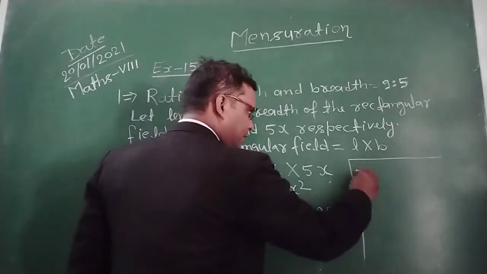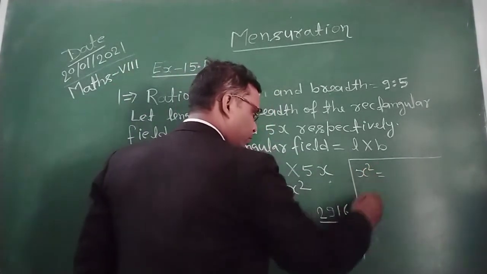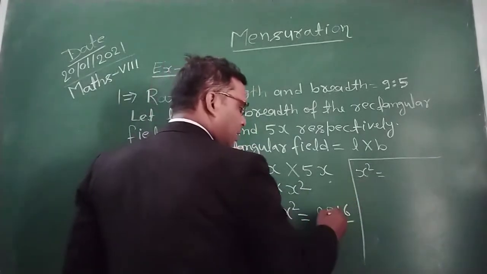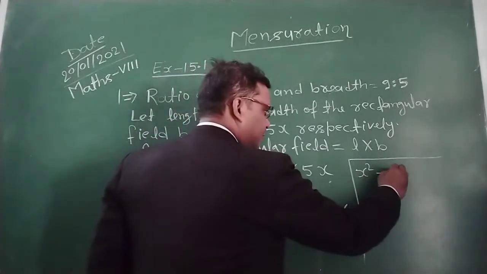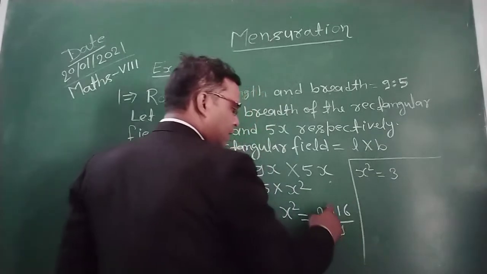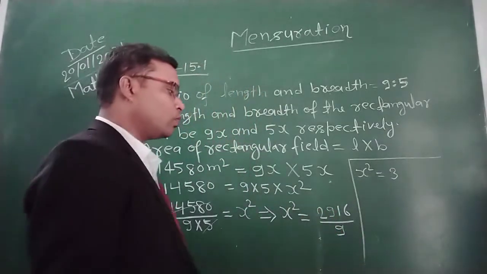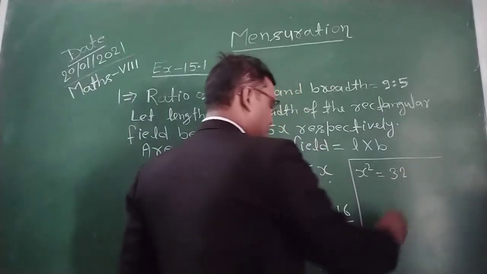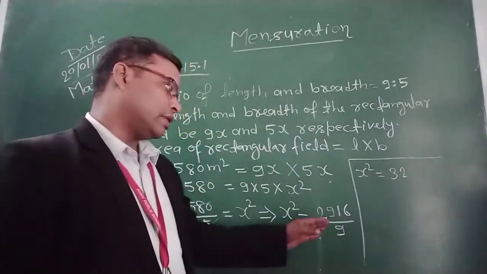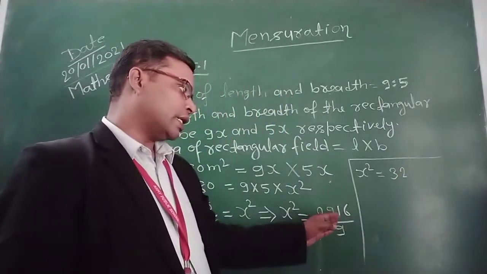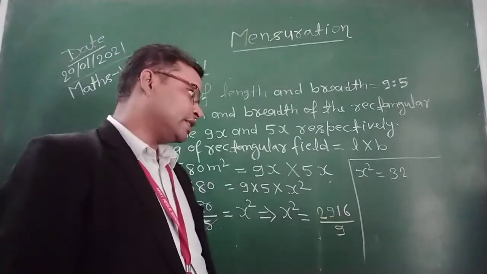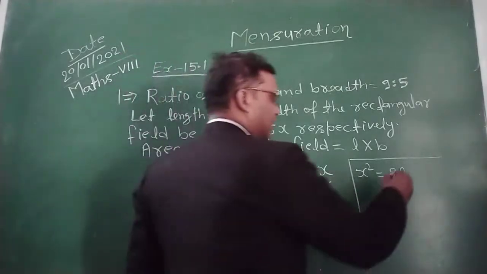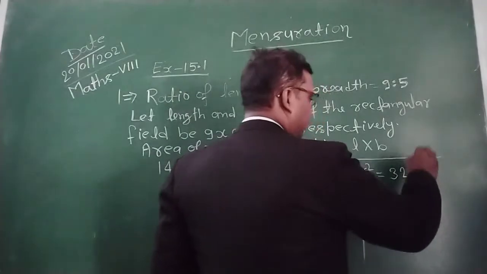If you divide it, here we have 9 3s are 27, and here 9 2s are 18, and 9 4s are 36.